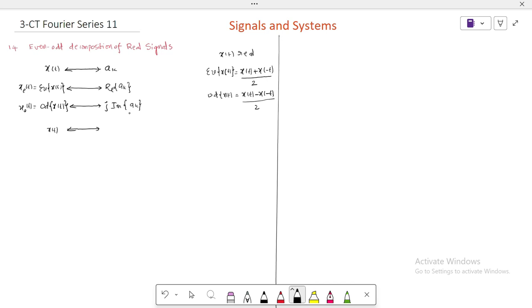For example, one simple problem: x of t is a periodic and real signal.